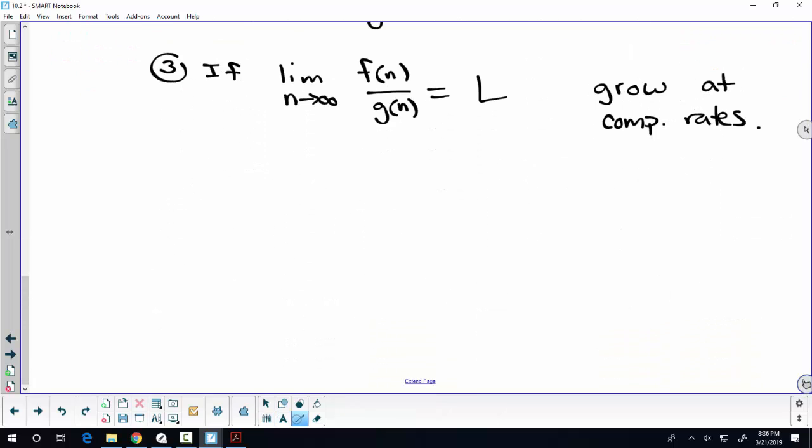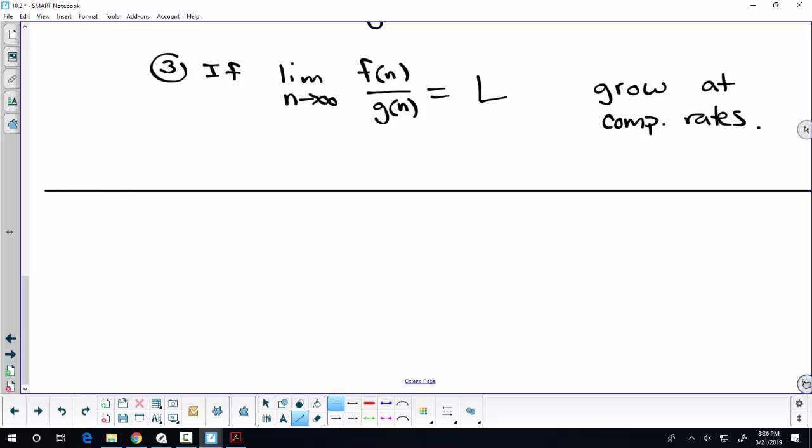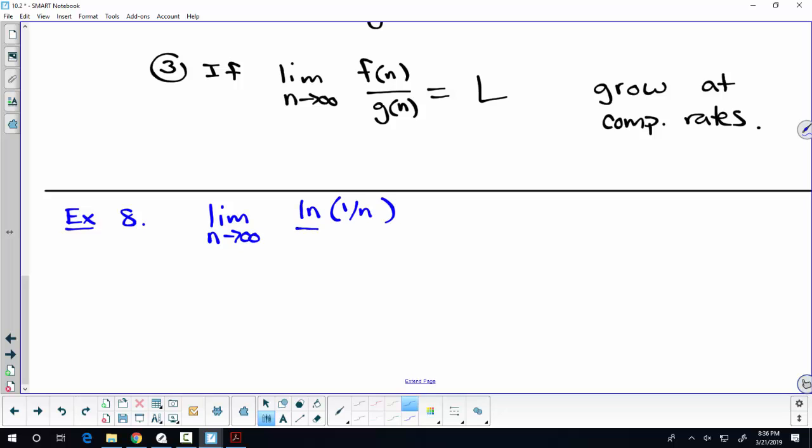And for instance, the reason why it matters is example 8, where we had the limit as n goes to infinity of ln of n over n, right? We had to go through L'Hopital's rule.